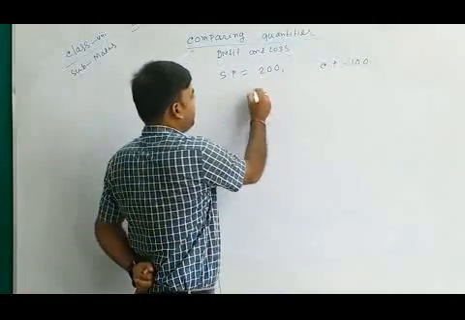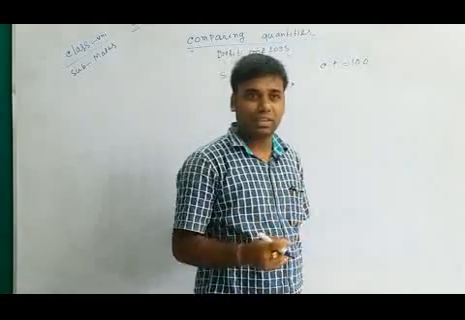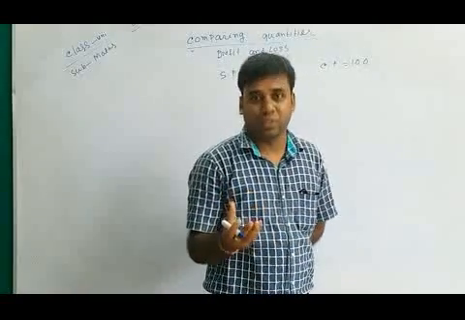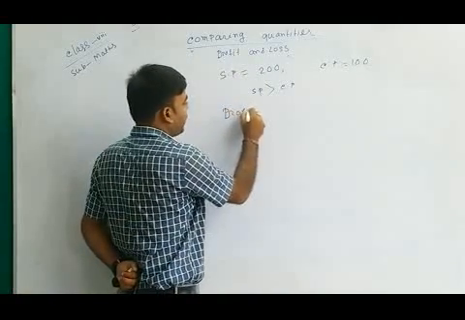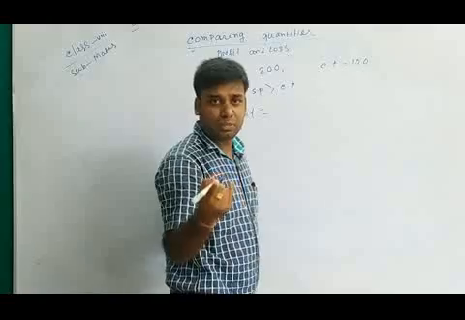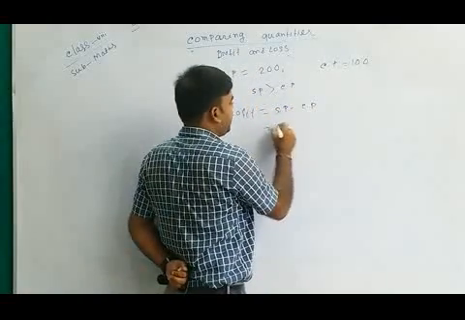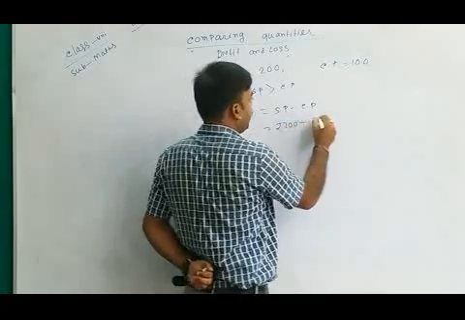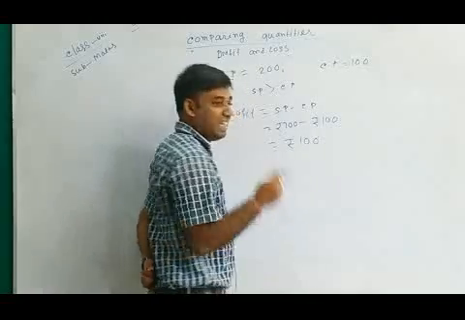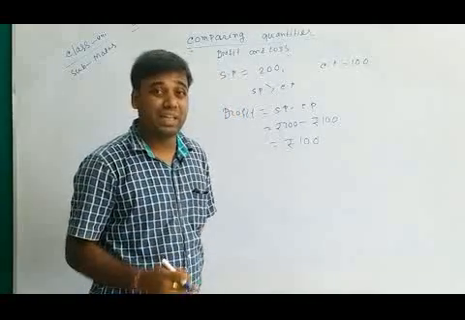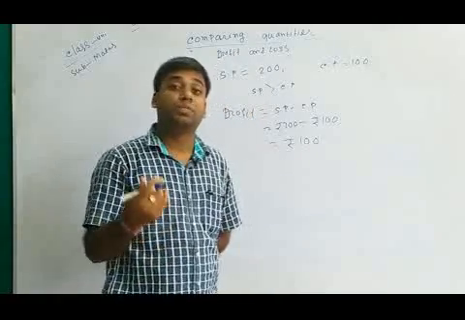Here SP is greater than CP, so there is a profit. Profit equals SP minus CP, so 200 minus 100, that is rupees 100. That is the profit.